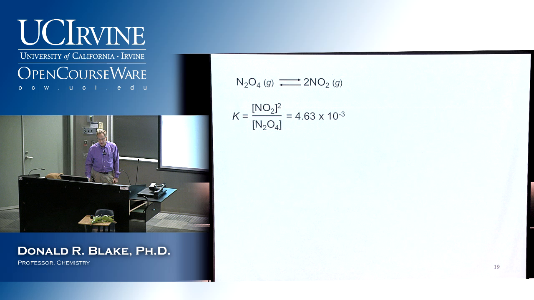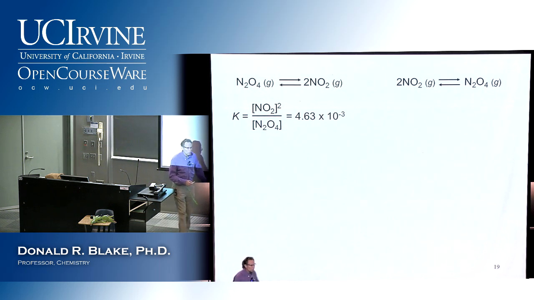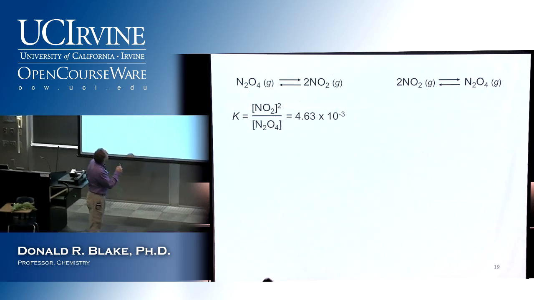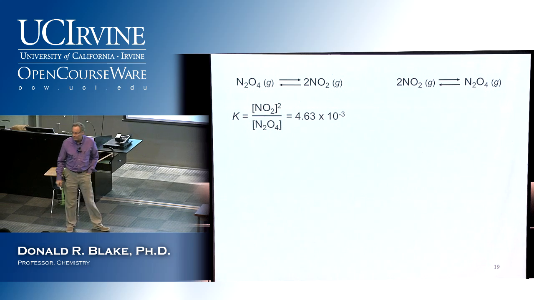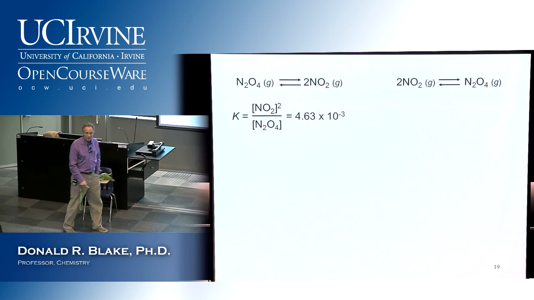Okay, so I'm going to give you this, N2O4 in equilibrium with 2NO2, both in the gas phase, folks. K is equal to that. Now, here I'm saying N2O4 is going to 2NO2. Okay?